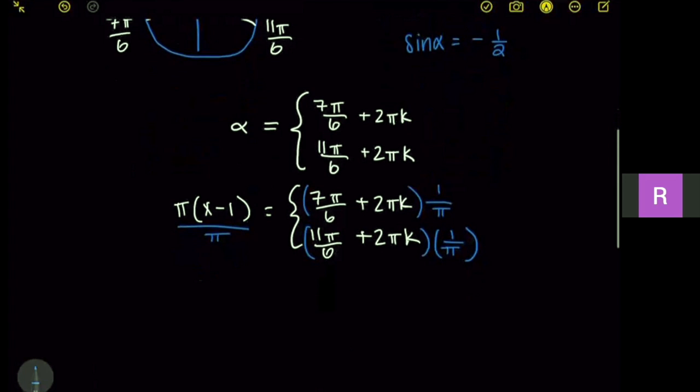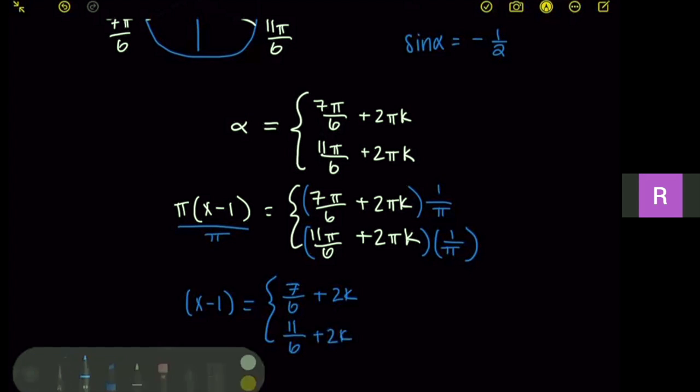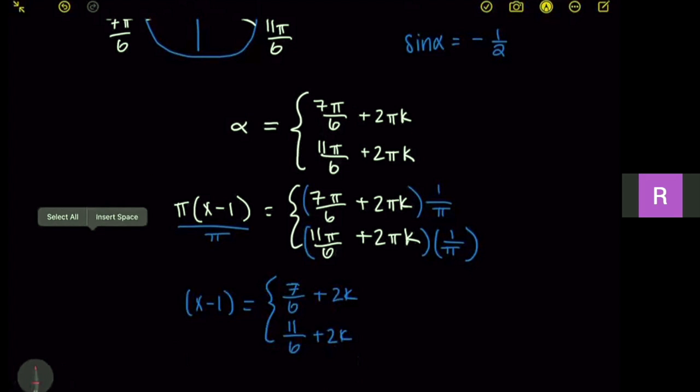If we do this, we're going to get that x minus 1 is equal to 7 over 6 plus 2k, and 11 over 6 plus 2k, right? Because when you divide by pi, the pi cancels in each term, since you distribute the division to both and it divides out.